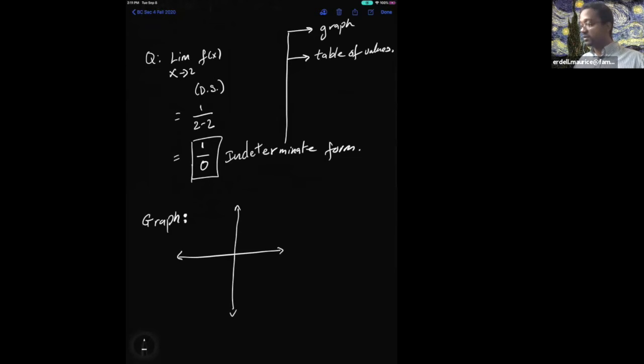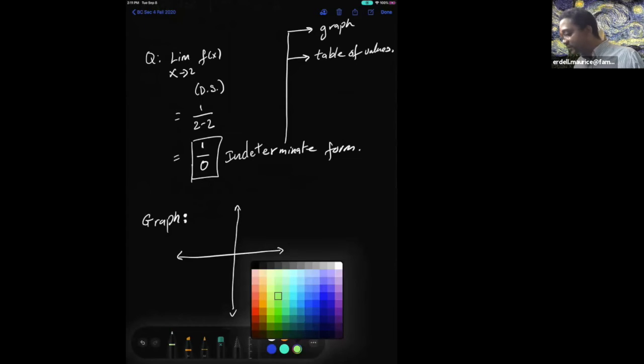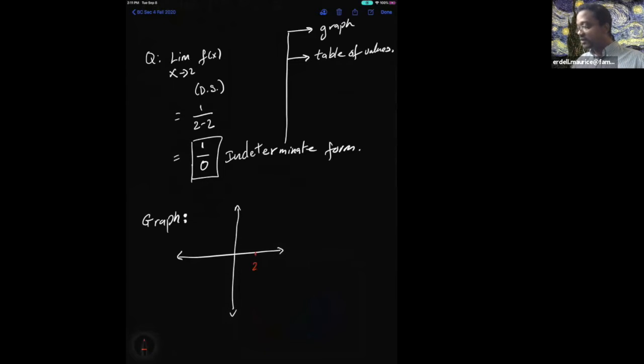And then, y'all remember how to graph this function from back in the day? No one is shouting, yes, I remember. I don't know if that's a good sign or a bad sign. So at the value 2, this graph will have a vertical asymptote. Do you remember vertical asymptotes?